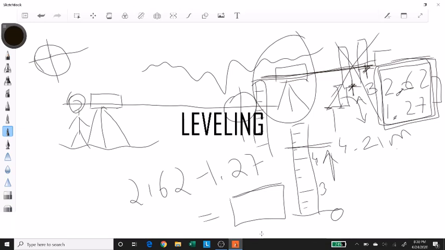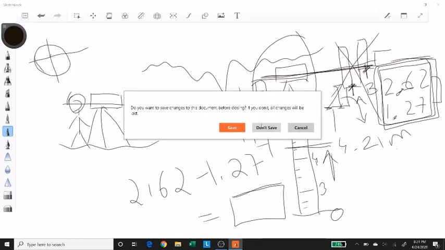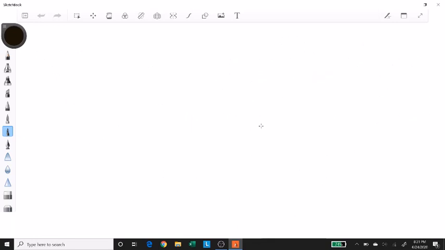That means that the point is at a lower elevation. So let me draw this again. So let's say I have a natural terrain like this, and I place my instrument right over here, right?